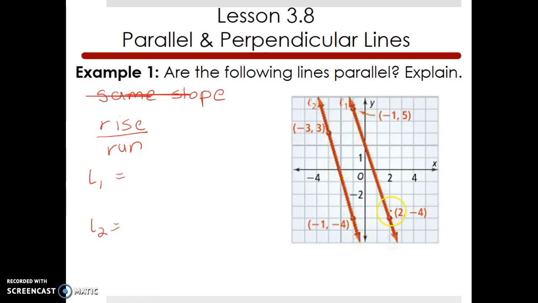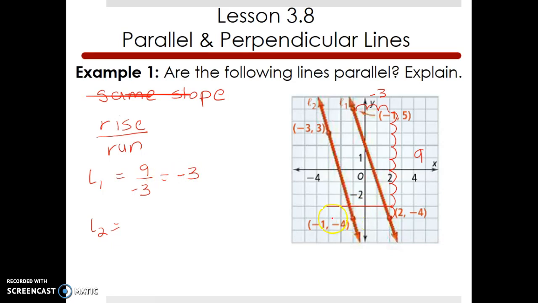So let's do rise over run. 1, 2, 3, 4, 5, 6, 7, 8, 9. 9 up. And 1, 2, 3, 3 over in the negative direction. So that is going to be 9 over -3, which simplifies to -3.